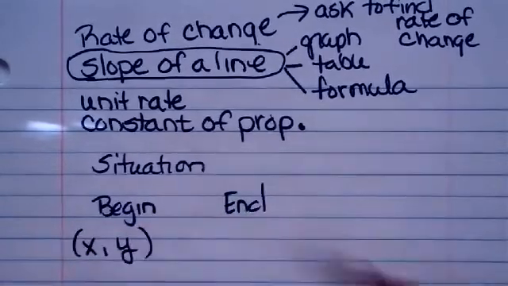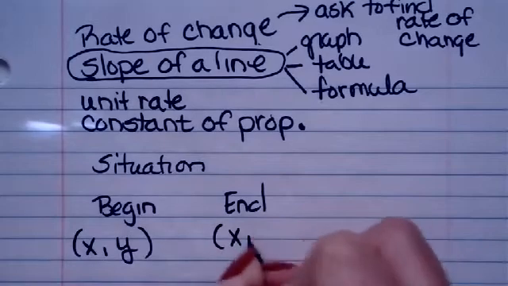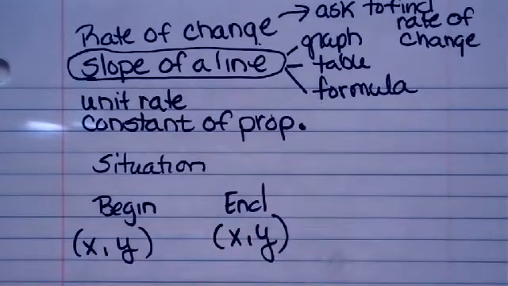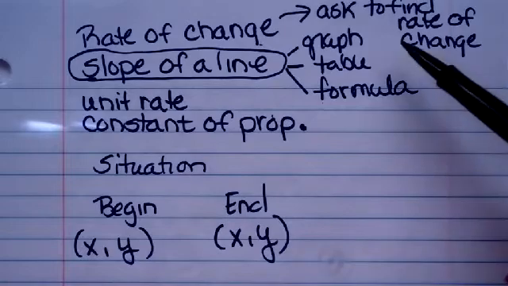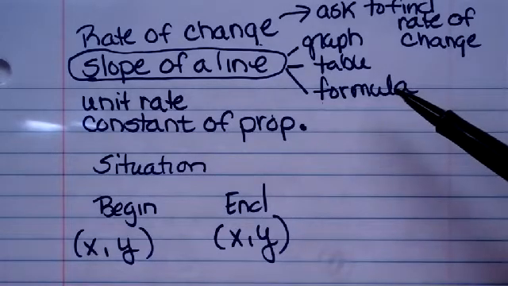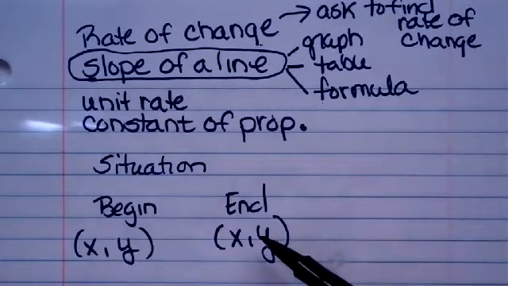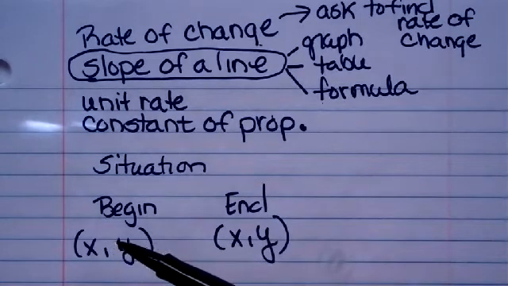You're going to be told their values at the start and the values at the end. Once you find the values at the beginning and the values at the end, then you're going to pick your method up here to find the rate of change between those 2 points.